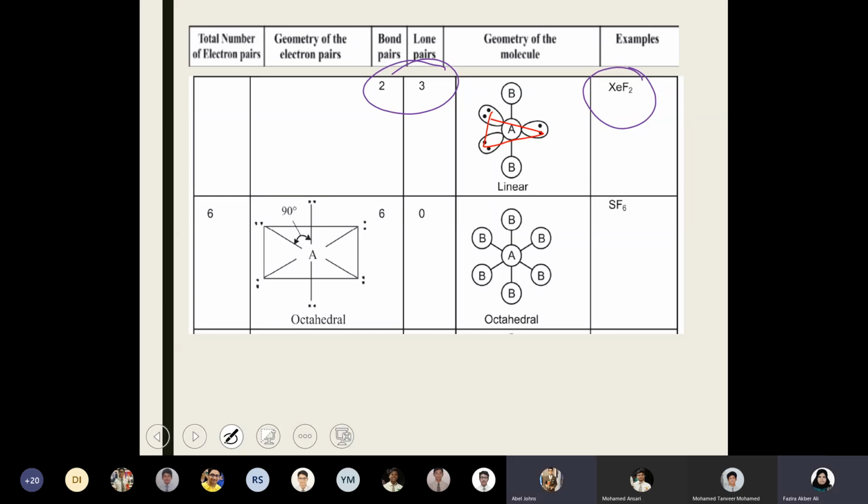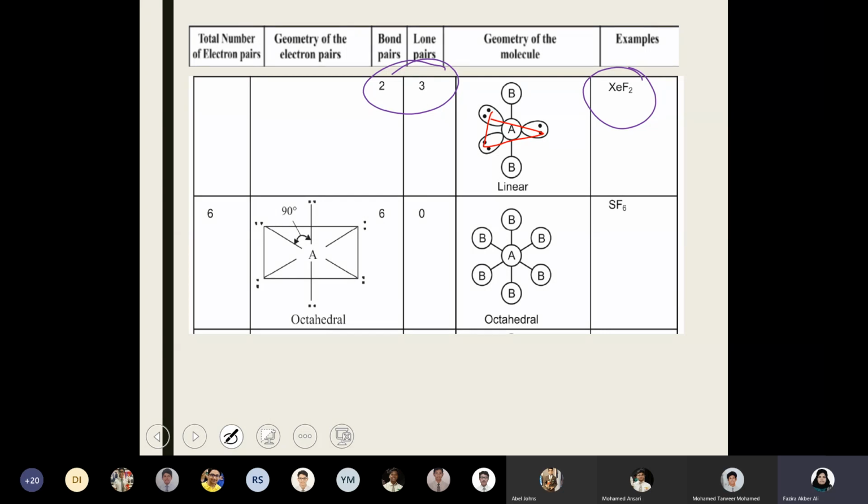So whenever you are discussing distorted structures from the expected geometry, you are deviating because of lone pairs, and always give lone pairs the priority, so that they have maximum distance and their repulsion is reduced.